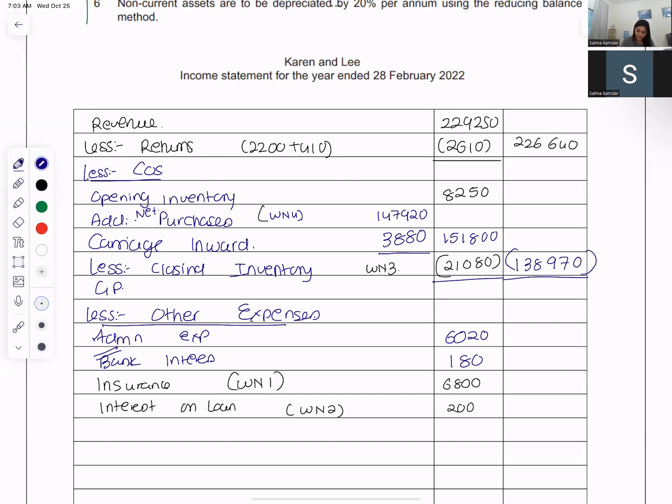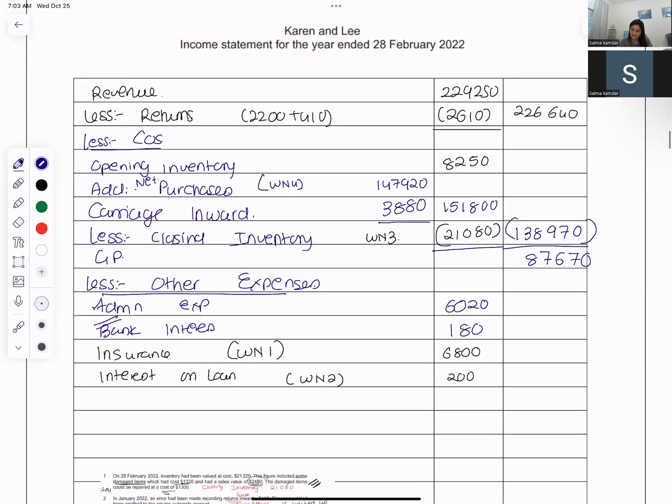So from the revenue of 226,640, when I subtract my cost of sales, I am getting a gross profit of 87,617.